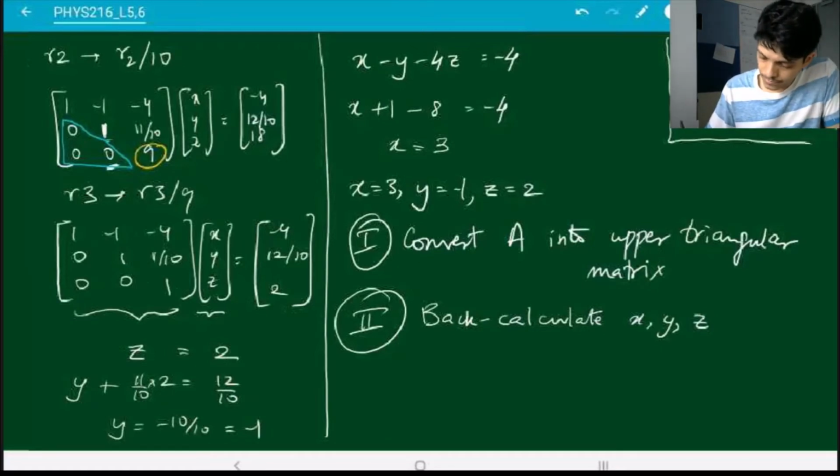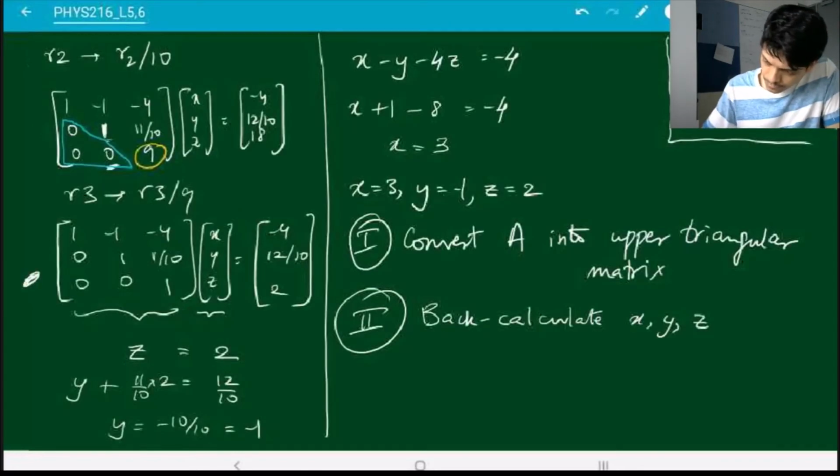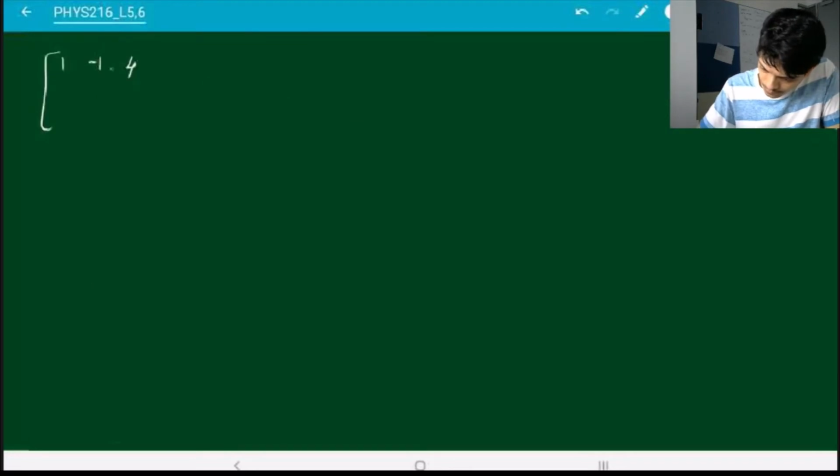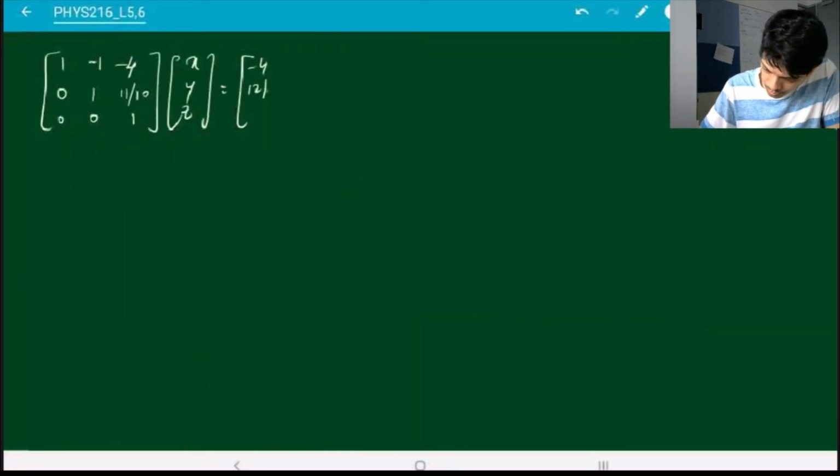The other is, suppose we were over here. Let's write this again. 1, minus 1, 4. So I'm taking this equation over here: 0, 1, 11 tenths, 0, 0, 1, times x, y, z, equals minus 4, 12 tenths, 2.